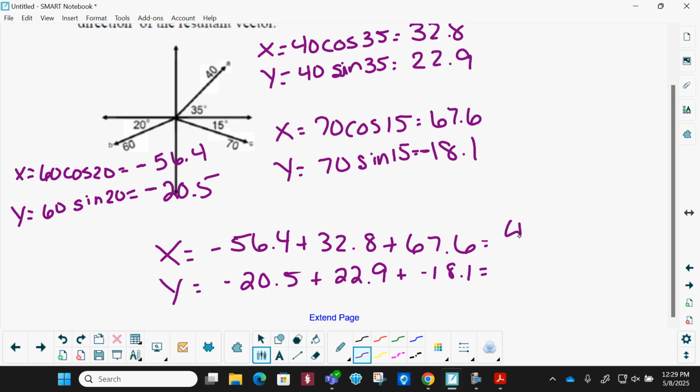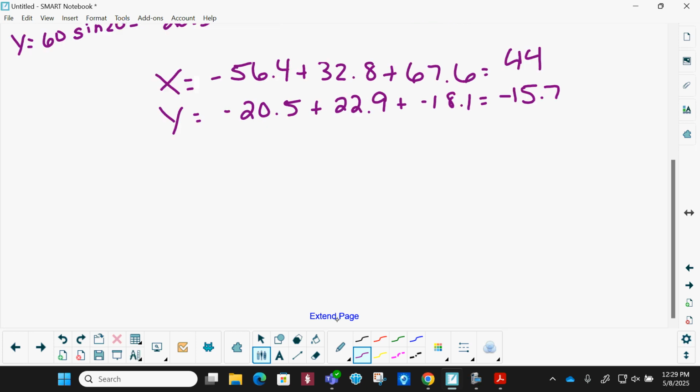56.4 plus 32.8 plus 67.6. This gives me 44. Minus 20.5 minus 18.1. And I got a negative 15.7. So here's my component form. It's going to be 44 and negative 15.7.